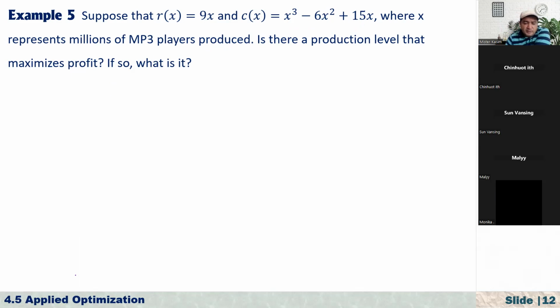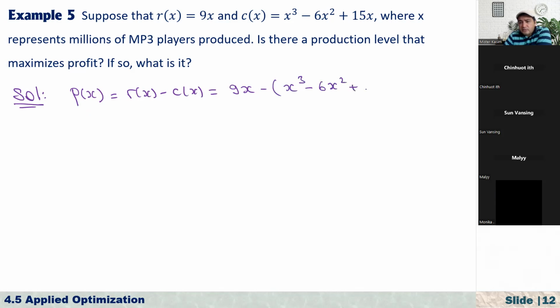So now to do this, again, we are just using the idea of differentiation, right? First we have to find our profit function. What is the profit function? It is the revenue function minus the cost function. So the revenue function is 9x minus our cost function, x cubed minus 6x squared plus 15x.